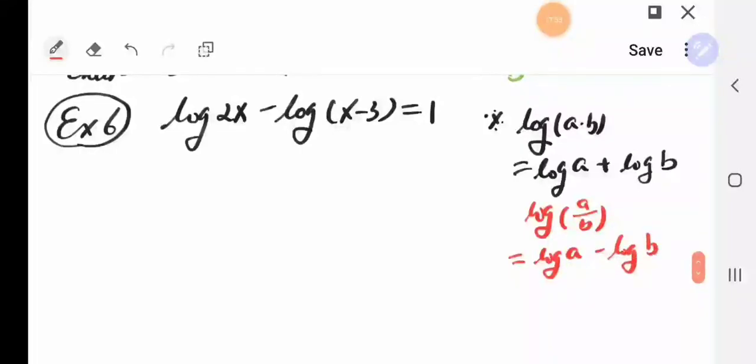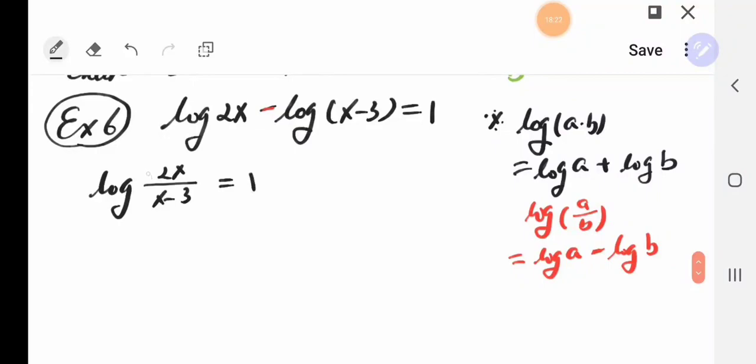So if two logs with the same base are a subtraction, then you can put a and b together and make a quotient, a over b. So this is a minus, and so we can make a quotient. The logarithm of 2x will be the numerator, divided by x minus 3 as the denominator.